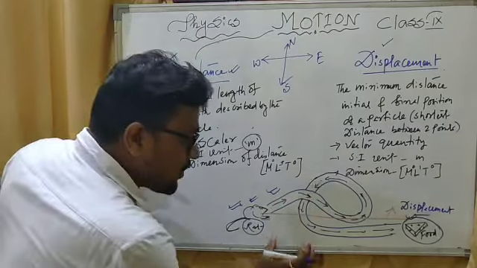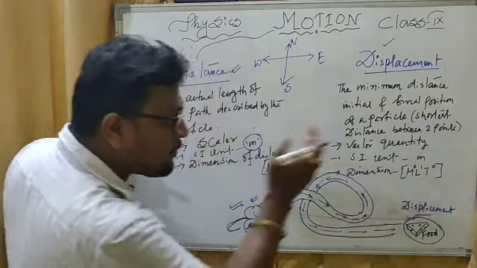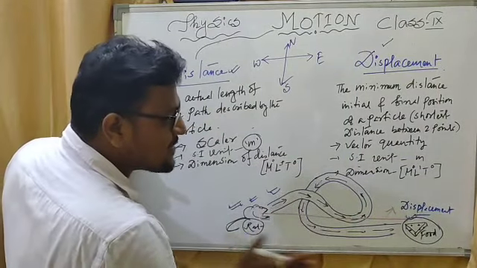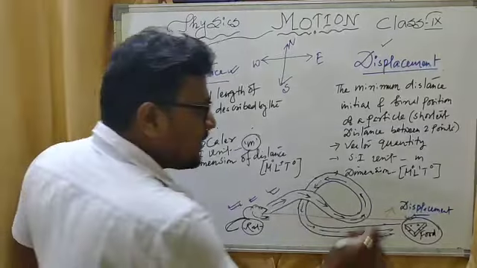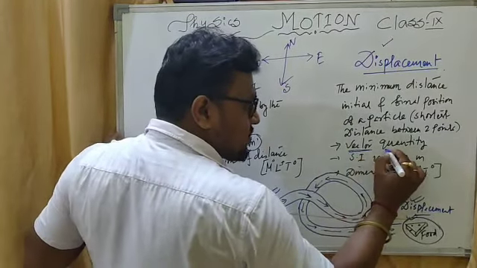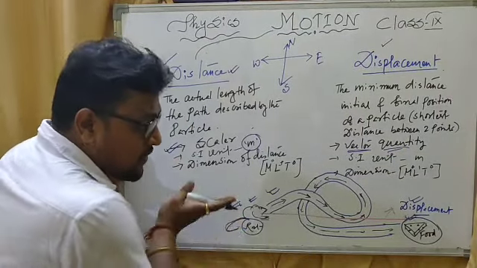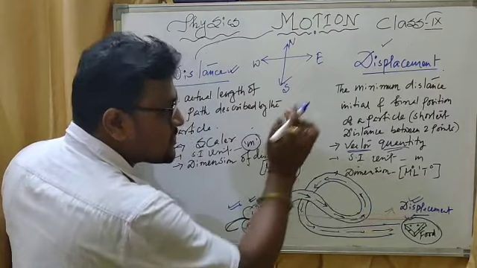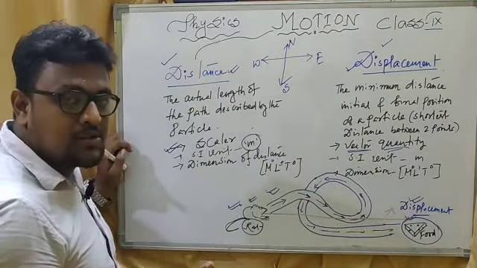The shortest distance between the initial and final position of a particle, the shortest distance between two points, is displacement. That's why it is a vector quantity. Why a vector quantity? It has magnitude as well as a particular direction. That's why displacement can be zero.